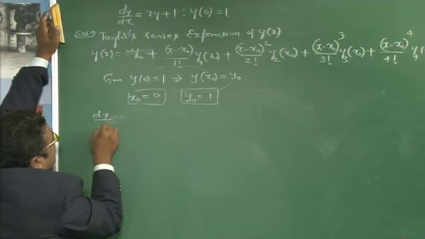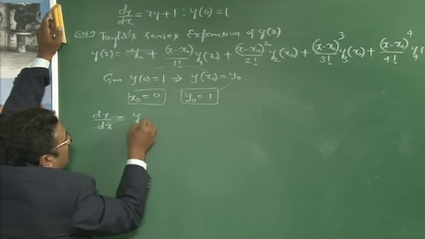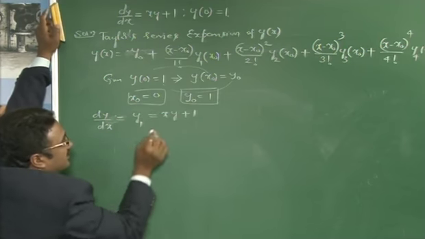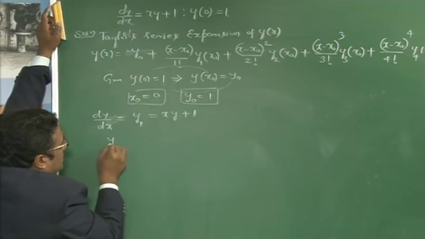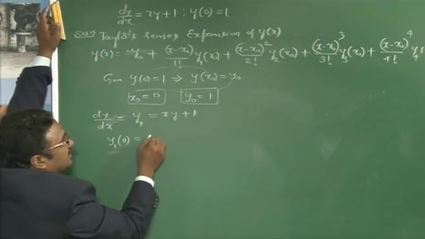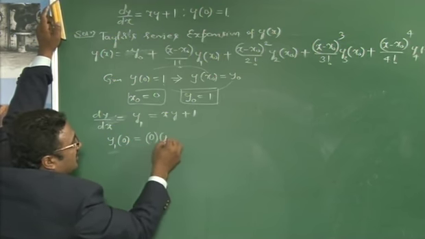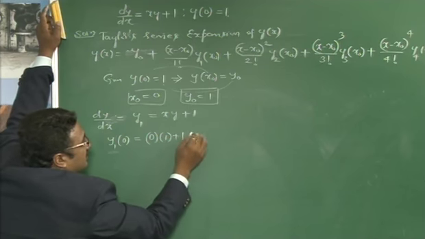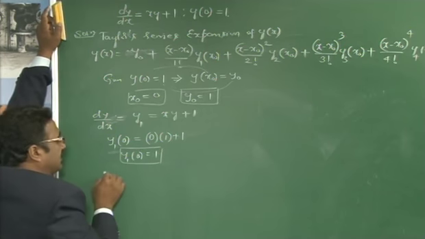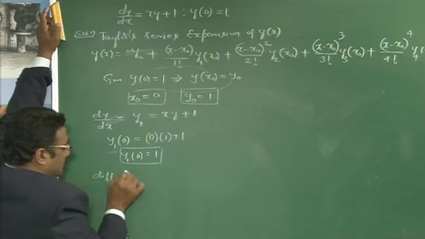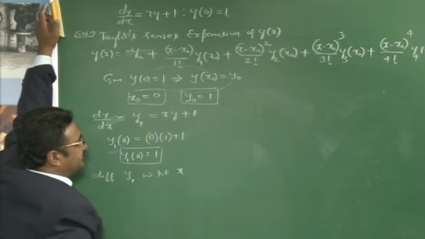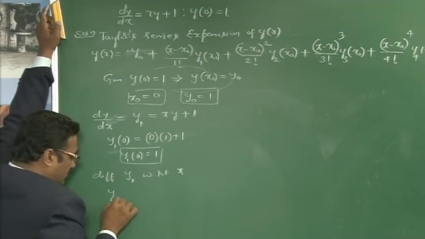dy by dx equal to y1 should be equal to xy plus 1. That means at the point x0 equal to 0, y1 of 0 is 0 times y0, which is 1, plus 1, so y1 of 0 is 1. Again differentiate y1 with respect to x, and y1 becomes y2.